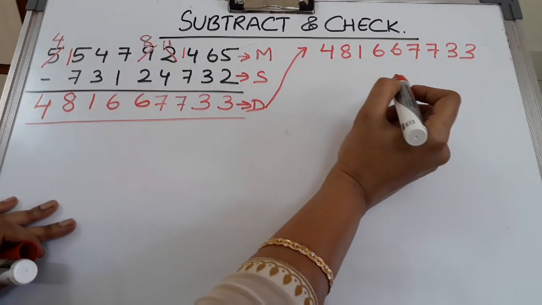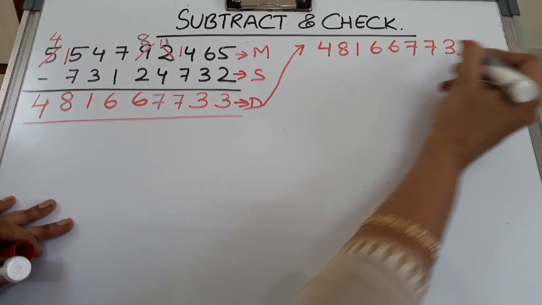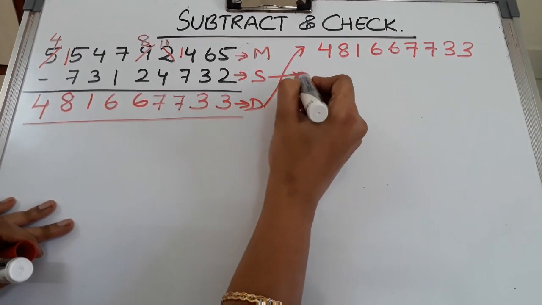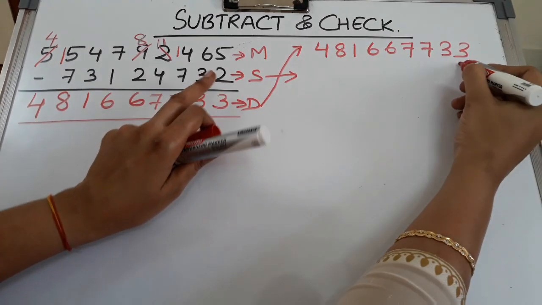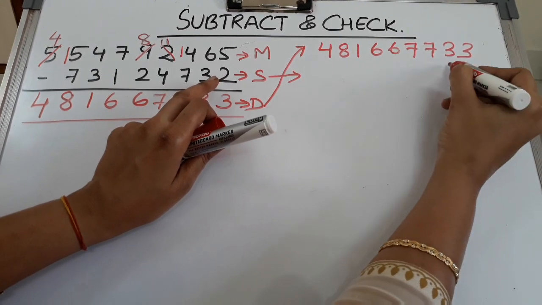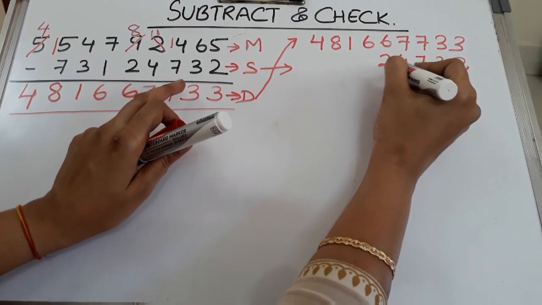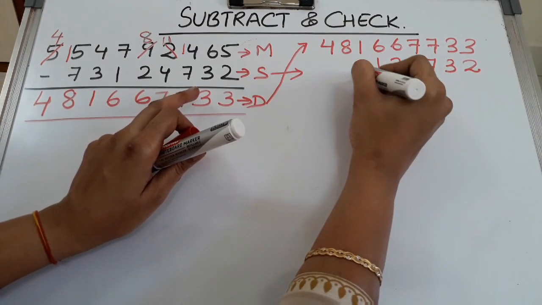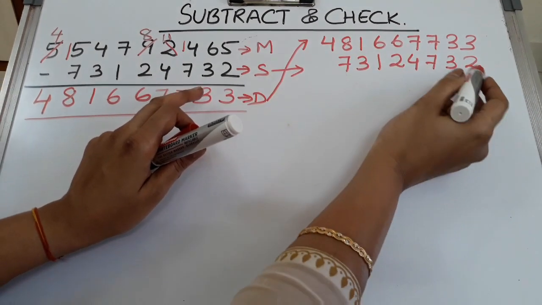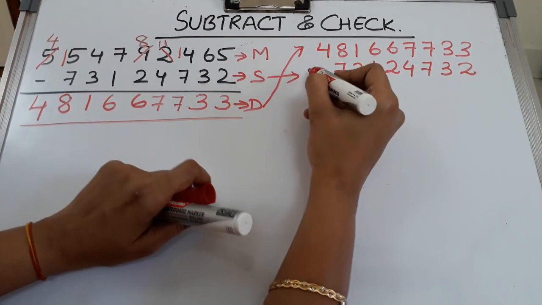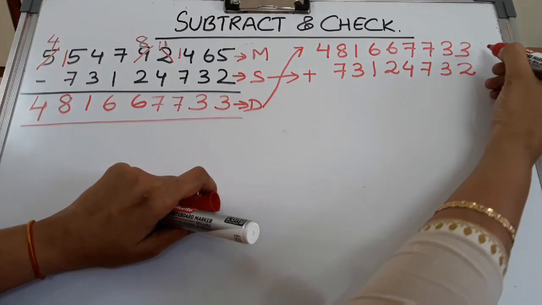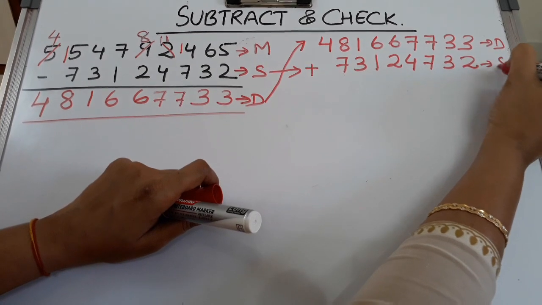This is the answer we are getting here, the difference. And then we will write the subtrahend. Again we will start from the back, ones place: 3, 7. In order to write the question correctly at once, we should write from the right side, that is the ones place. Now what we have to do is add this difference and the subtrahend.